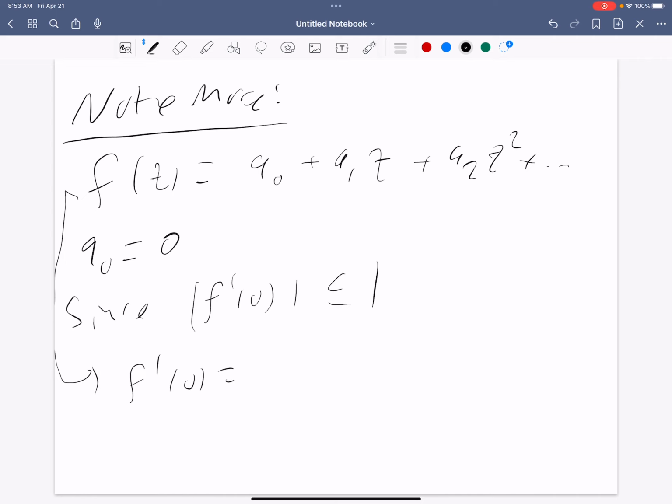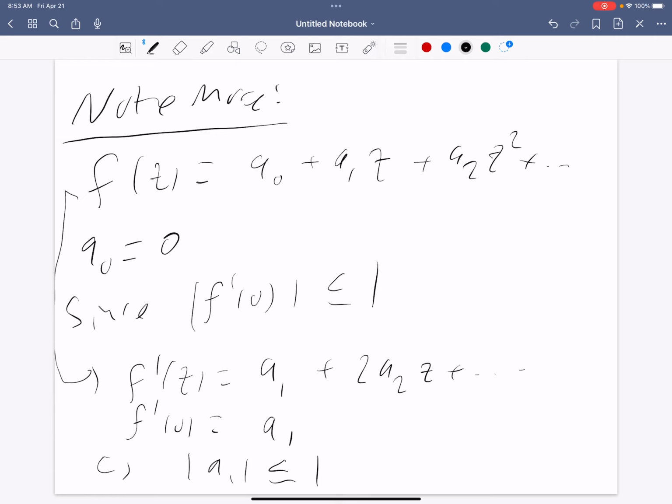My derivative, of course, would be a1 plus 2a2z plus some junk. Plug in 0, we get a1, and now I know that the modulus of a1 is less than or equal to 1. Now, equipped with that nice little statement, let's recontextualize this. This says the modulus of a0 is less than or equal to 0, in modulus it's equal, obviously, but, oh, hey, look, a0 is at most 0, a1 is at most 1.